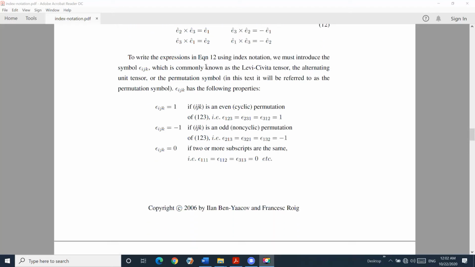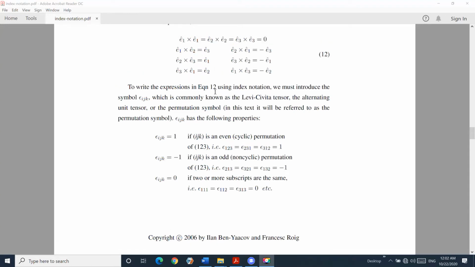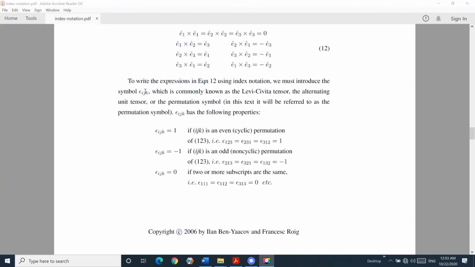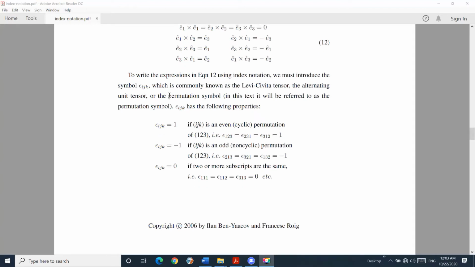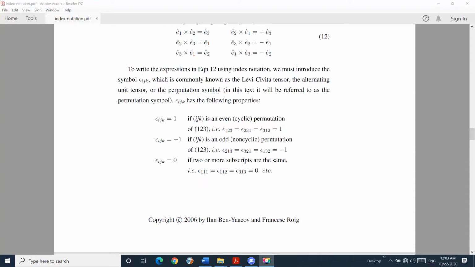So to write the expression in equation 12 using index notation, we must introduce the symbol epsilon ijk, which is commonly known as the alternating unit tensor or permutation symbol.